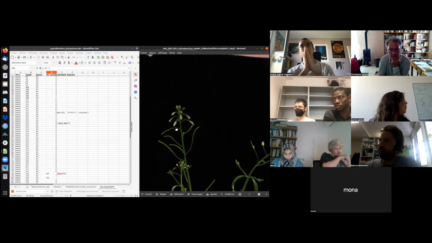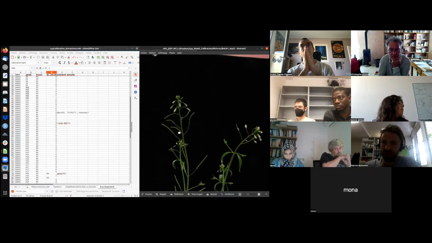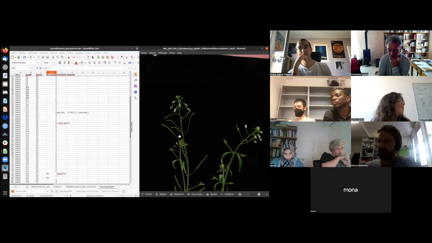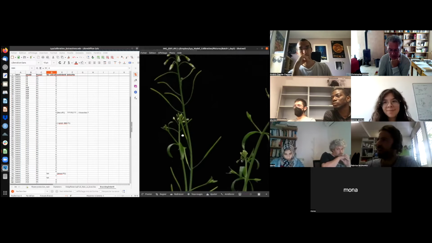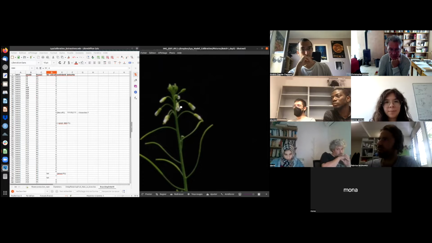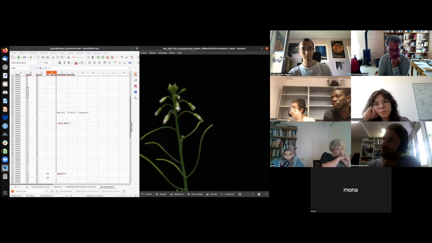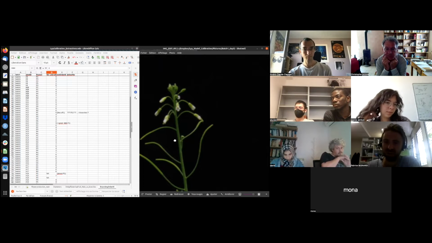What we realized is that the coordination of the different parts is really key here. To make a very resembling plant, what is really important is how the developmental dynamics of the flower is synchronized with the internode. I will just give you two examples.